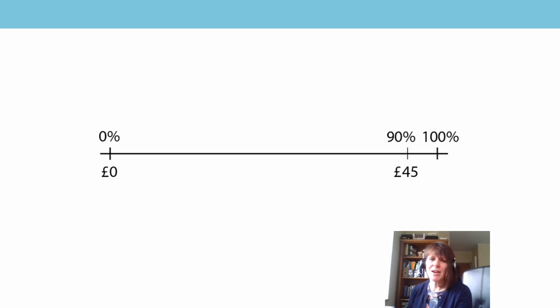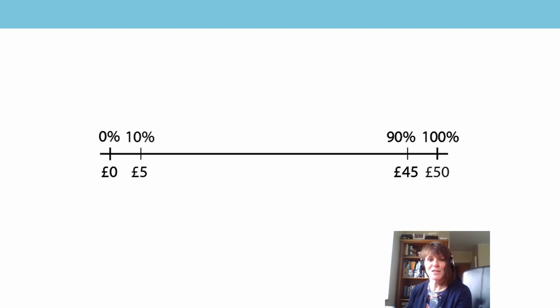And if I know 90% of the original price is £45, I can work out another percentage that's going to help me, and 10% we know is a really useful percentage to work out. So to work out 10%, I'm going to divide by 9. So here I'm going to divide by 9 in order to work out 10% of the original price is £5. And if I know 10%, I can work out 100%, which is £50.